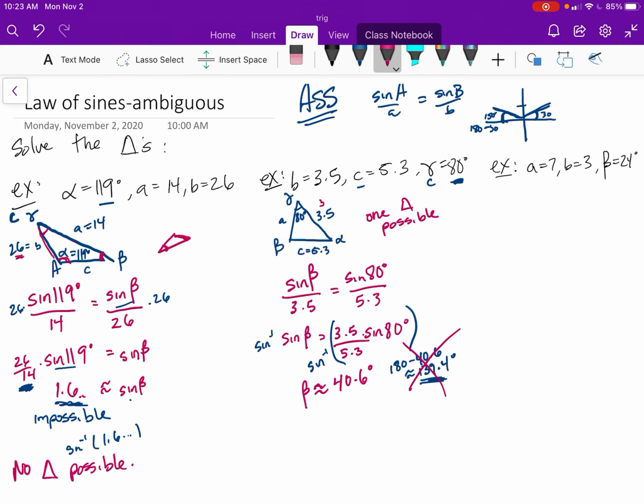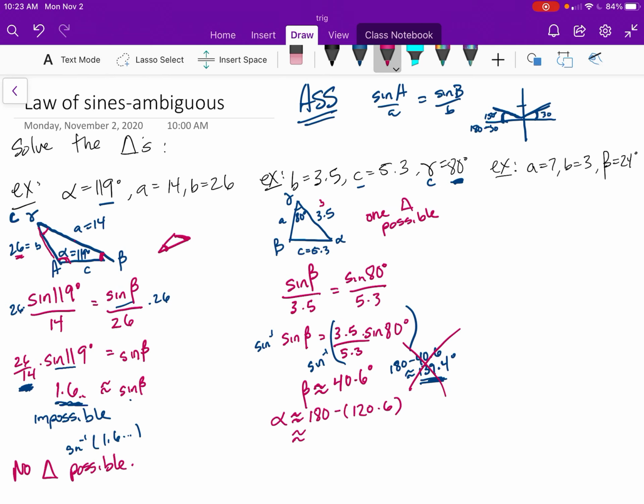Okay, now how can we proceed? Well, let's do the next angle, because we know two angles, gamma and beta. So alpha is easy because we just do 180 minus the sum of beta plus gamma, minus 120.6 to see what's left over. I'm going to do approximate because we did round beta, so I'm technically rounding alpha.